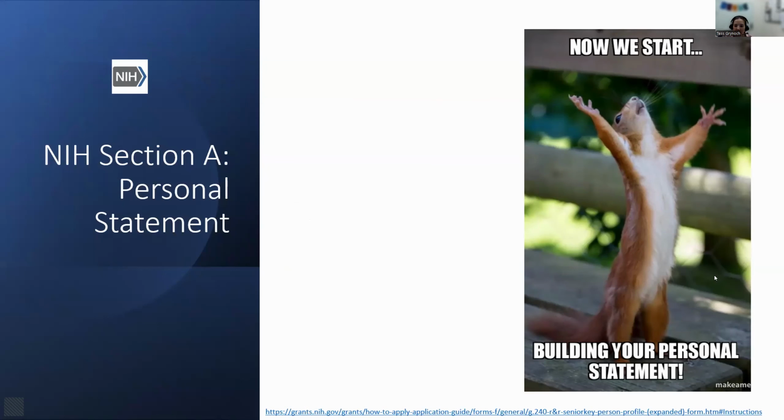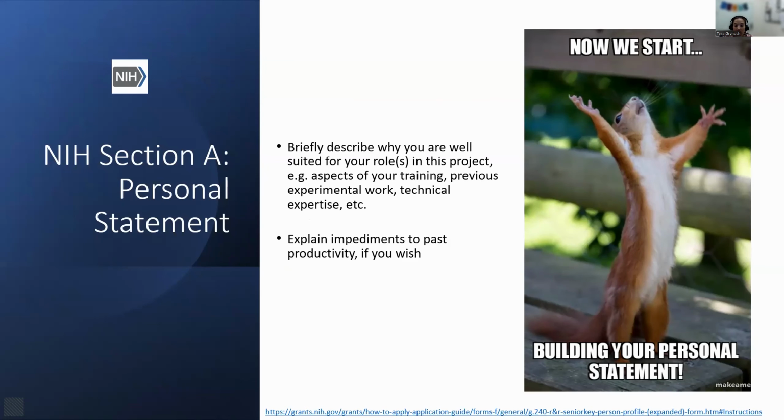What should you include? You want to briefly describe why you are well suited for the role in this project, so aspects of your training, previous experimental work, technical expertise, etc., as well as explain impediments to past productivity if you would like.